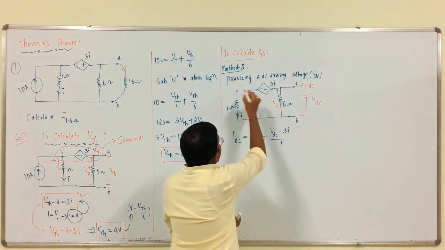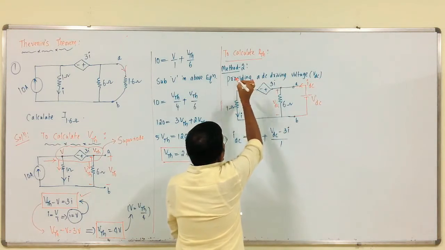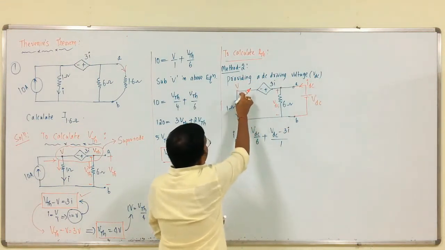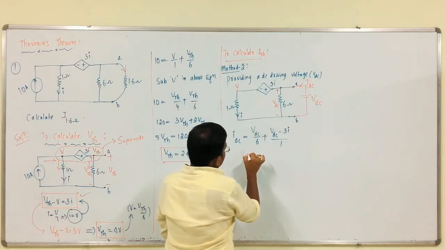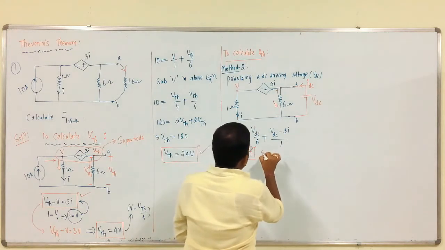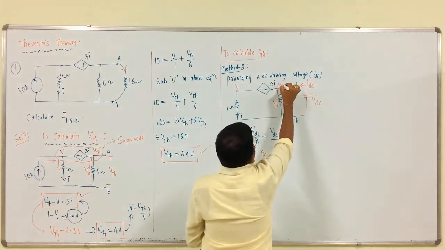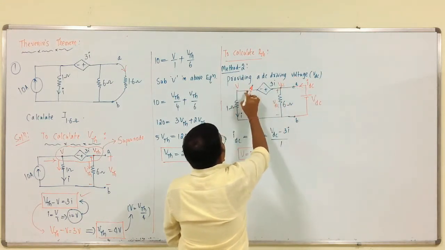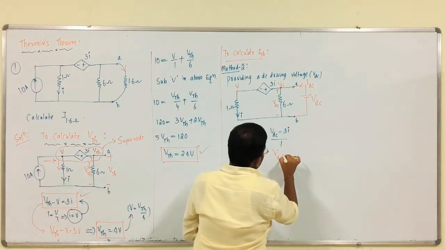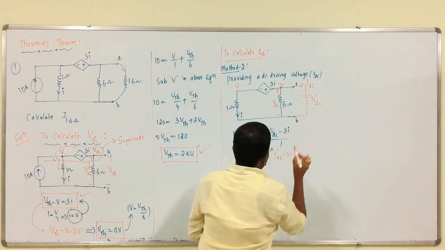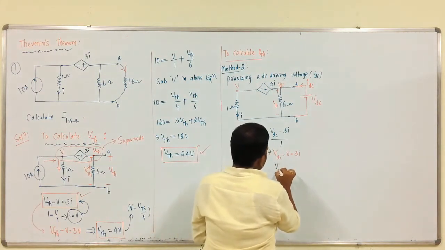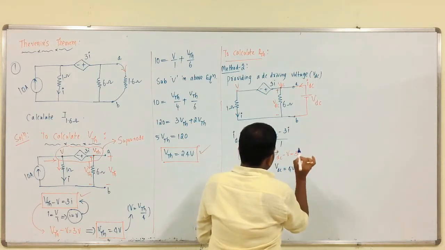Let us consider this node voltage, for example, V, okay. From this, see, V is equal to what? I, V is equal to I, and this is VDC, right. VDC minus V, which is nothing but 3I. So, we all know that I is equal to V, from this VDC is equal to 4V, right.